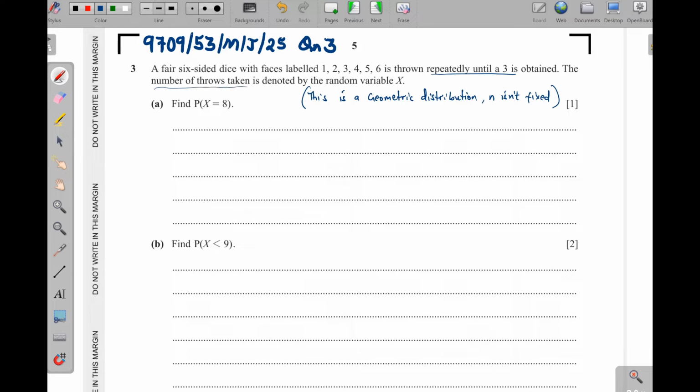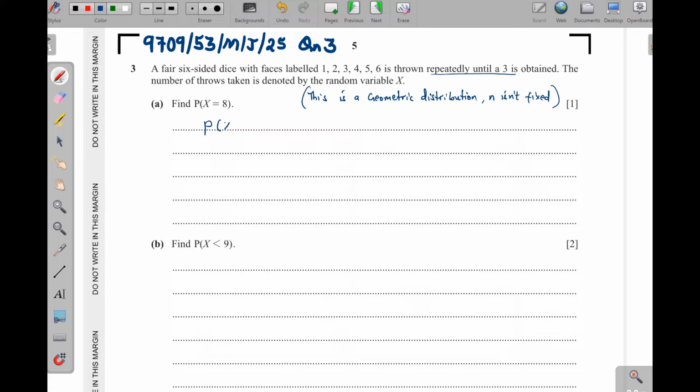The number of throws taken is denoted by the random variable x. So what is the probability of x is equal to 8? So that means you are going to throw 8 times. That is when you get the success. So meaning the first 7 times you are failing, not so?